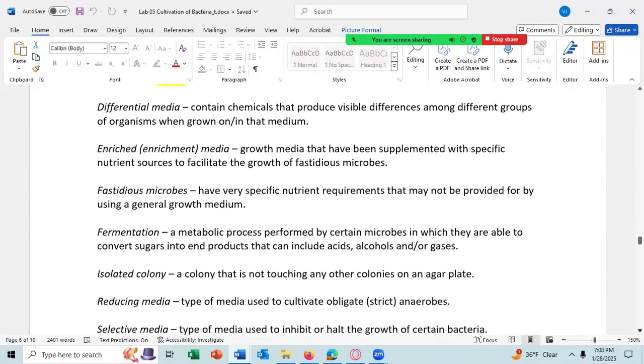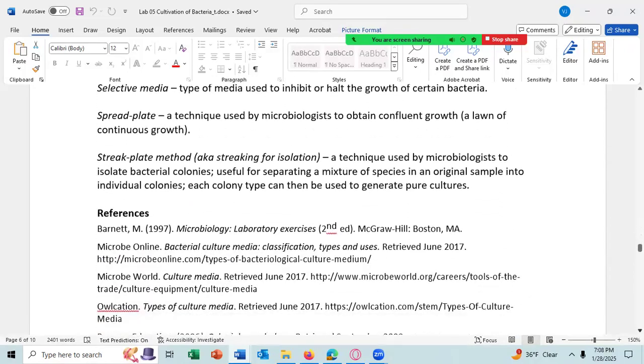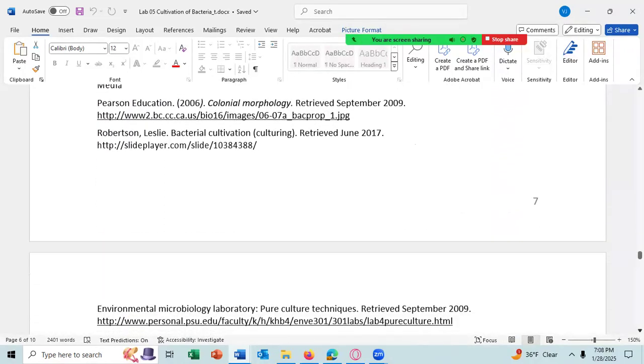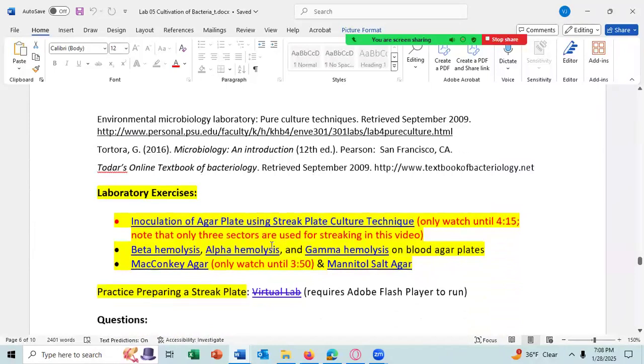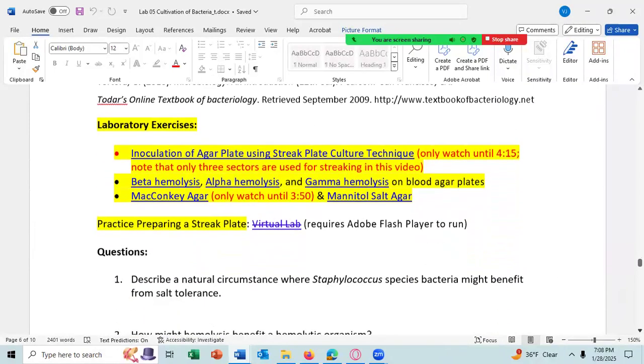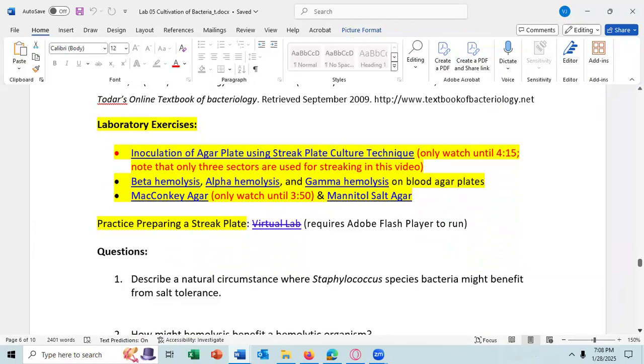All right, know the terms of this lab. You don't need to look at the references. Everything we do will be done online, but you do need to understand what this lab is discussing, what you're answering in the questions.